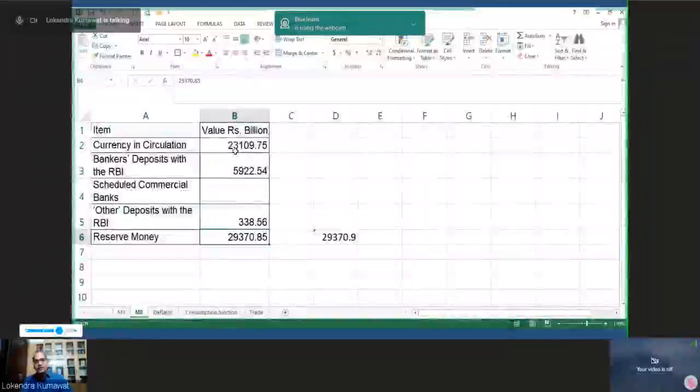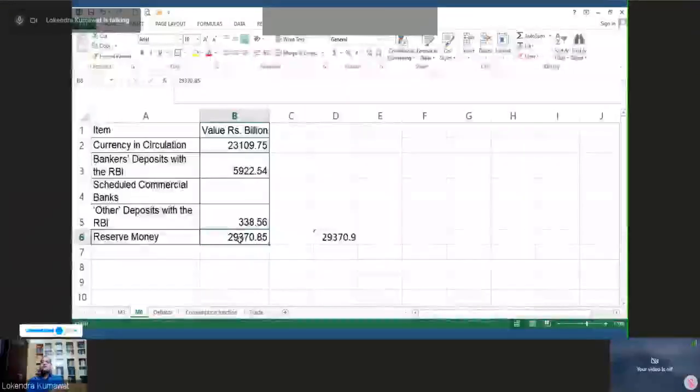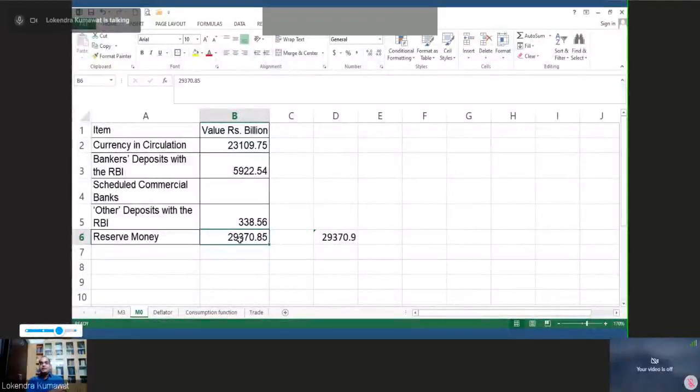And if you add the three, high powered money turns out to be equal to this. And to give you a practical idea, this is the size of high powered money in India as of middle of March 2020. Okay, roughly rupees 29,000 billion. That is roughly rupees 29 trillion.